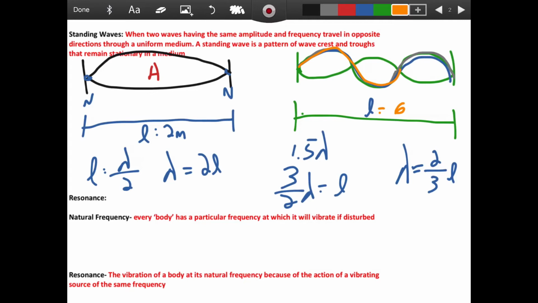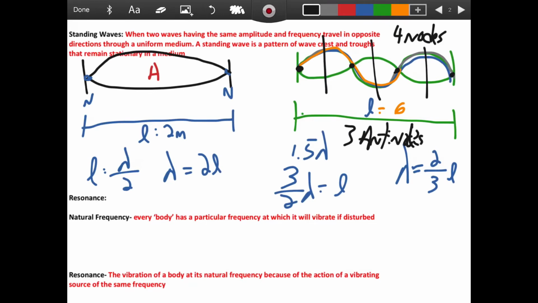And we can do the same thing where we count the nodes, wherever we have no interference. So this example would have 4 nodes. And wherever maximum constructive interference occurs is where the antinodes are. So it would have 3 antinodes.